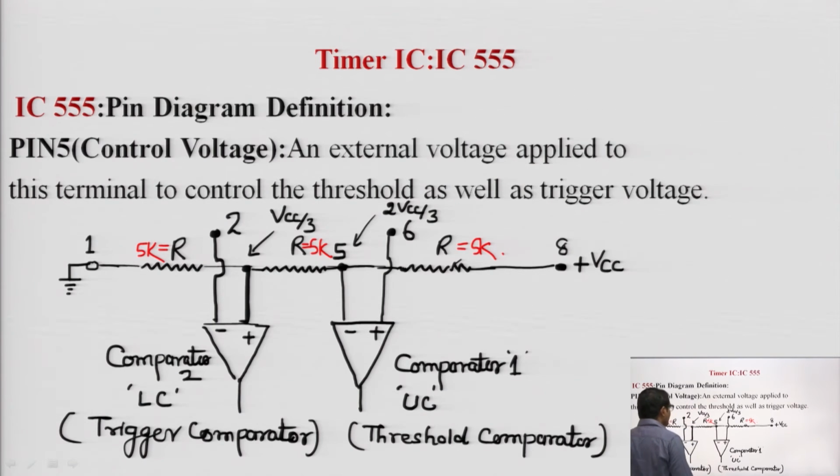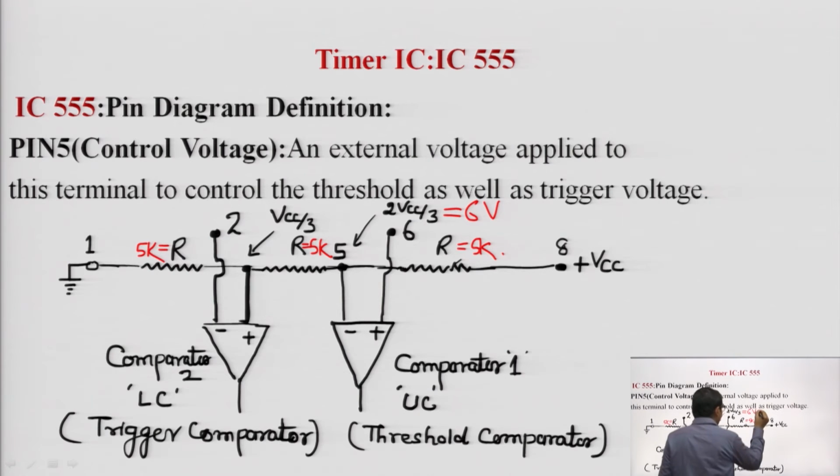Let us suppose that we give a control voltage to pin number 5, for example 6 volt. It is basically fixed at 2 VCC by 3. If the power supply is VCC, then pin number 5 is fixed at 2 VCC by 3, and we try to give it 6 volt.